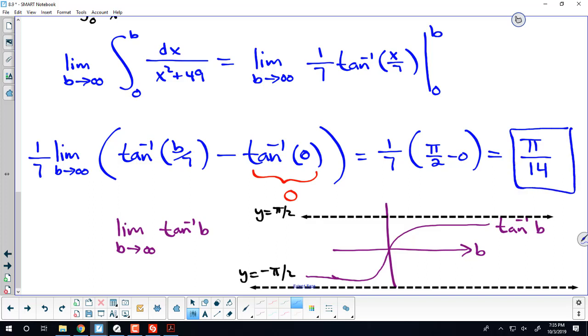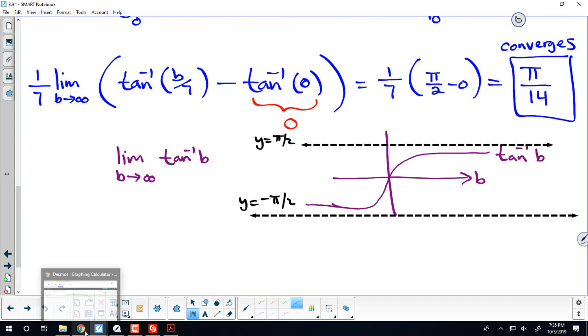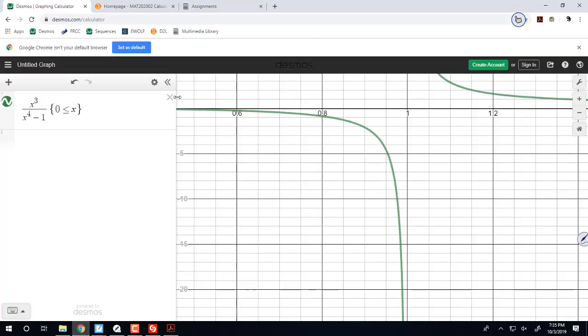So our integral converges to pi over 14. It's definitely worth remembering that about the inverse tangent.